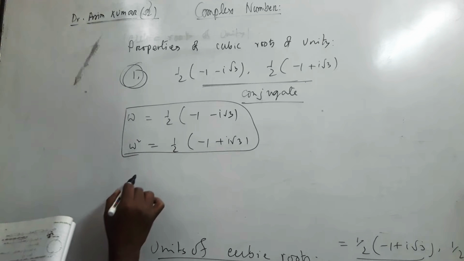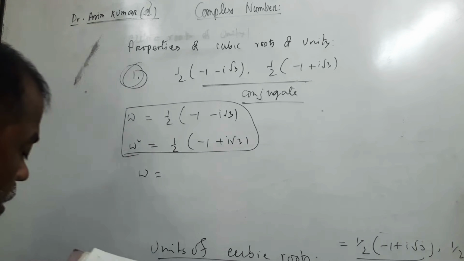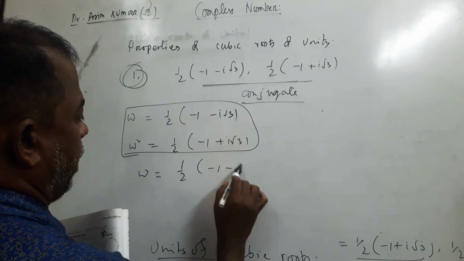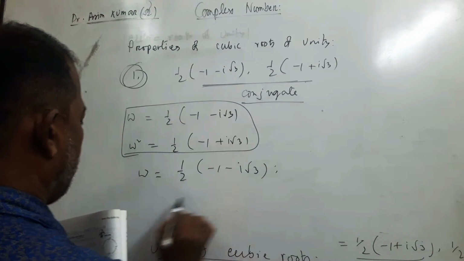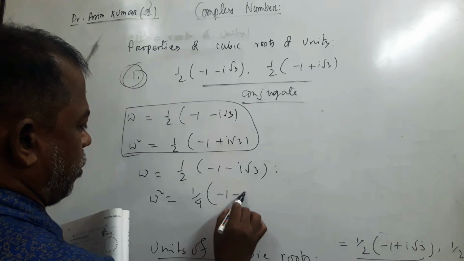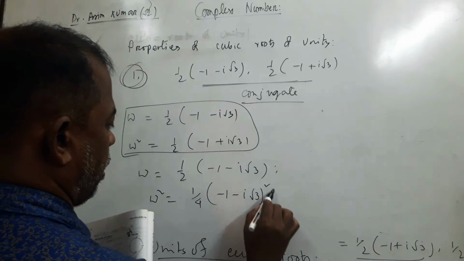Well, actually omega equals half into minus 1 minus i root 3, so omega square equals 1 by 4 into (minus 1 minus i root 3) the whole square.